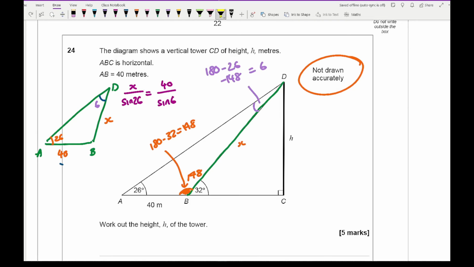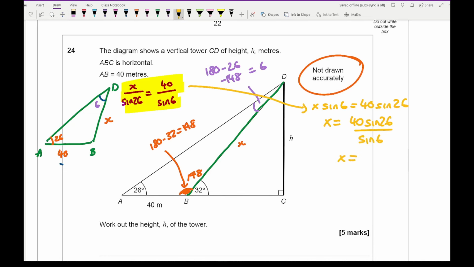If I just take this over so I've got a little bit of space, I do a bit of cross multiplying. I get x sine 6 equals 40 sine 26. So therefore x is going to be 40 sine 26 over sine 6.